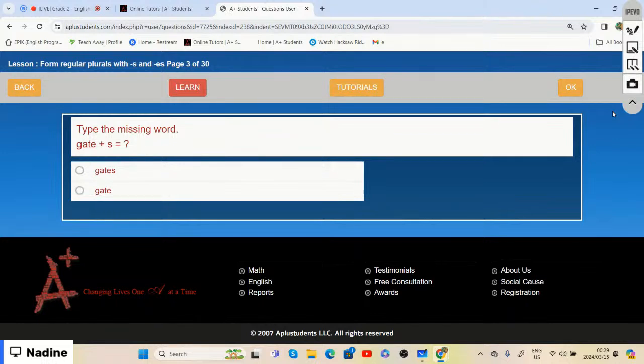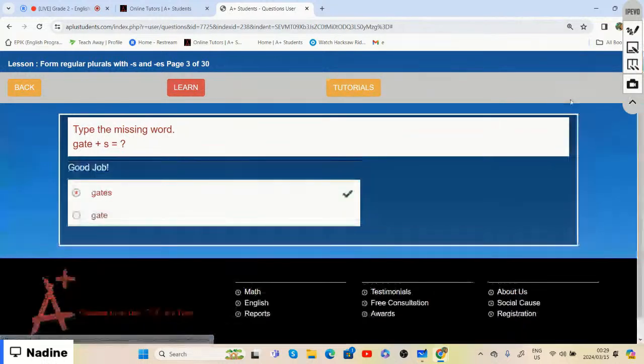So we have one gate or more than one gates. If we add an s, it means that we are turning that one gate into more than one gate.